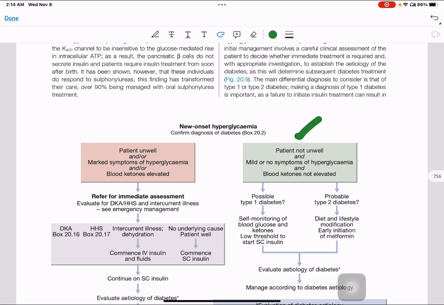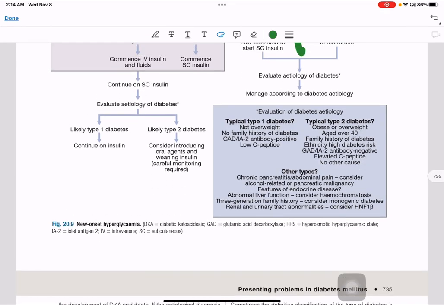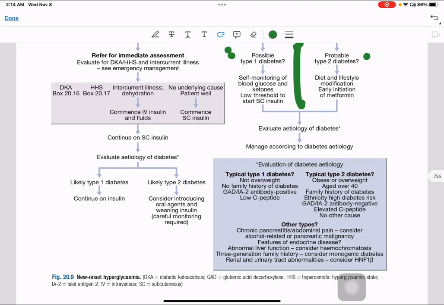Their ketone bodies are not elevated. So we have to think about the cause of the diabetes: either type 1 or type 2, or any secondary causes of diabetes or other causes of hyperglycemia.